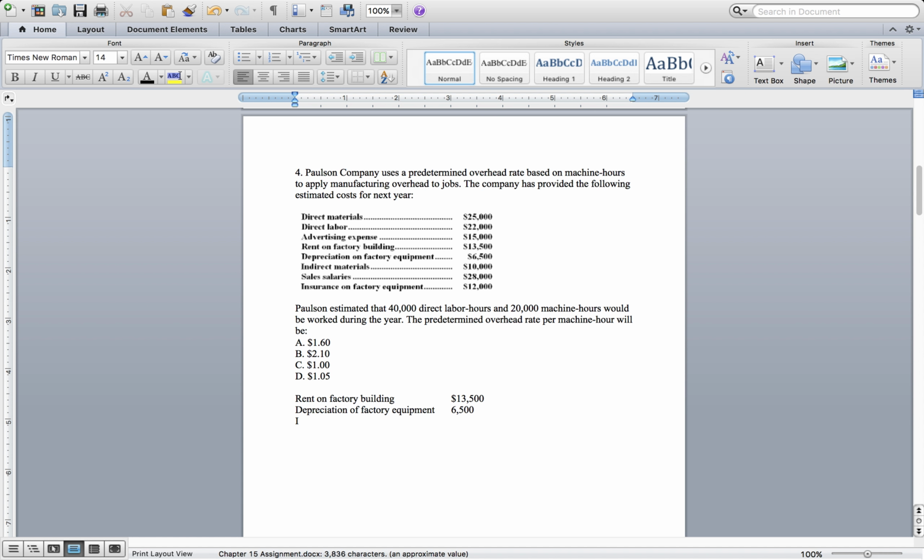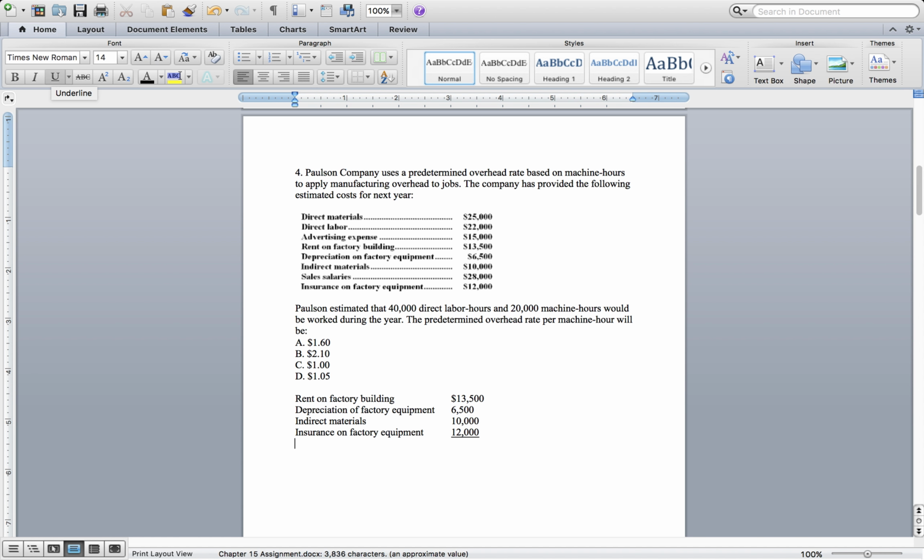Also, another one that goes in there is indirect materials, which is $10,000. Okay, the last one will be insurance on factory equipment, which is $12,000.